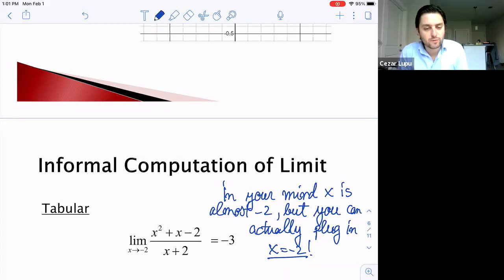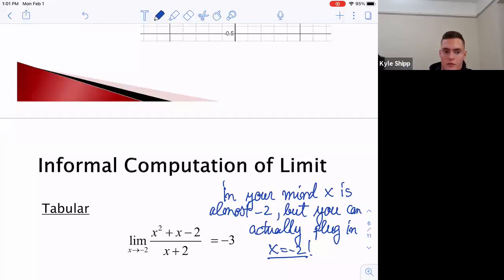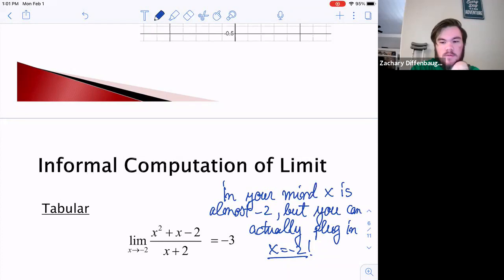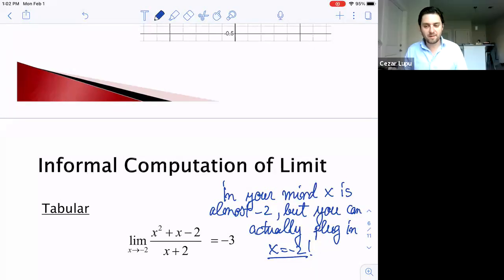So we get -2 squared, which will be 4. 4 minus 2, what do we get? Will be 2. 2. We'll get 0. And on the bottom, what do we get? 0. And what is this? 0 over 0, right?